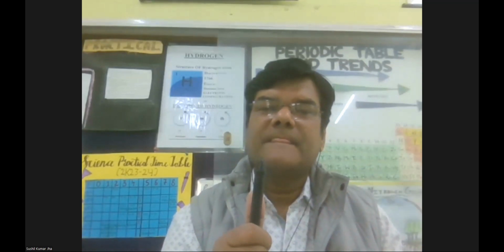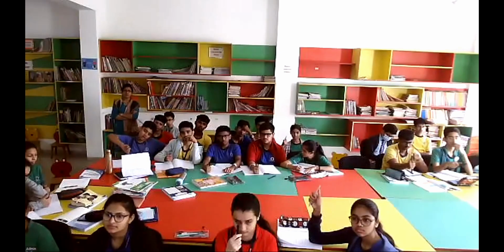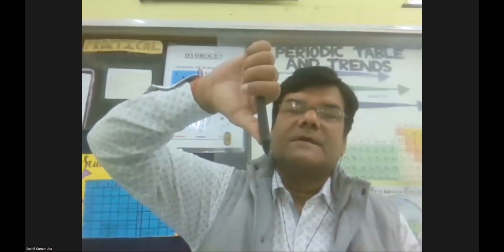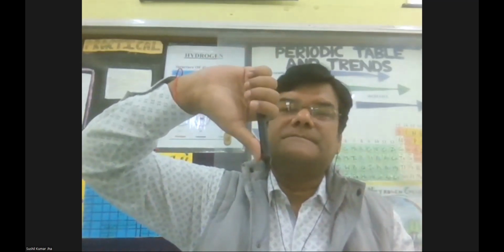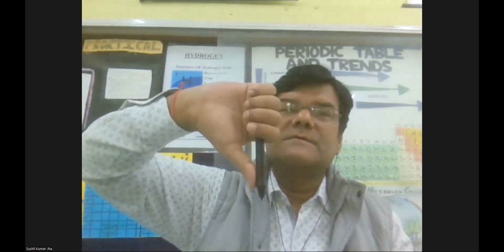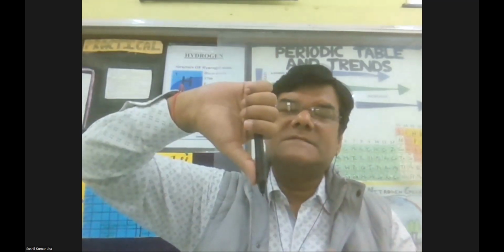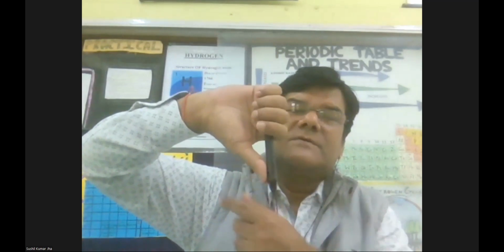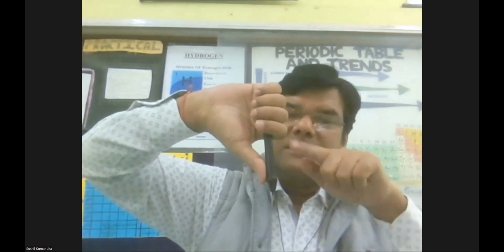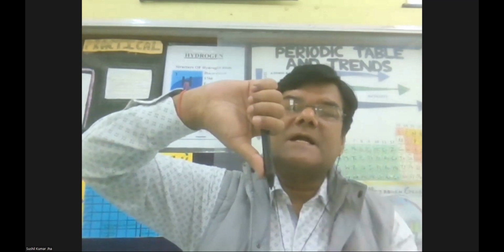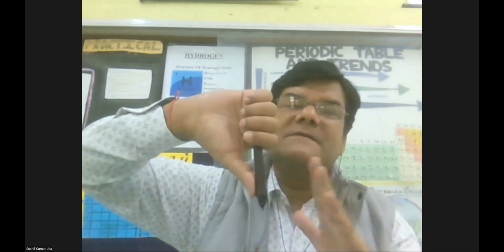And if you reverse it, now keep your thumb down along with the pen. Now the thumb is going down, so we assume that current is going down through a straight conductor.